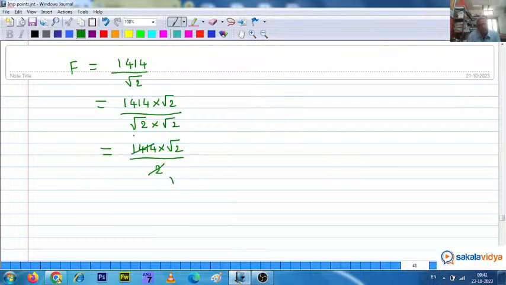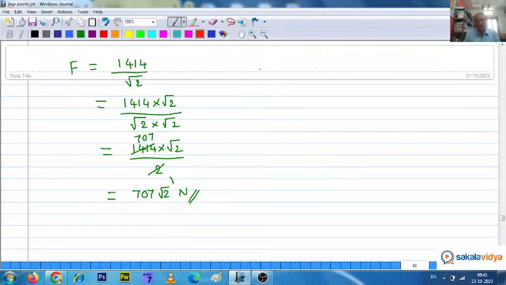So 2 7 ja and 0 2 7 ja. So this will be equal to how much you will be getting now? 707, right, 707 root 2 newtons. That's it.